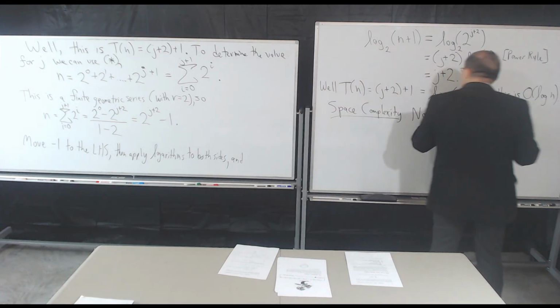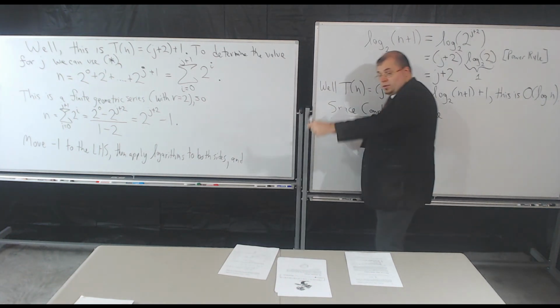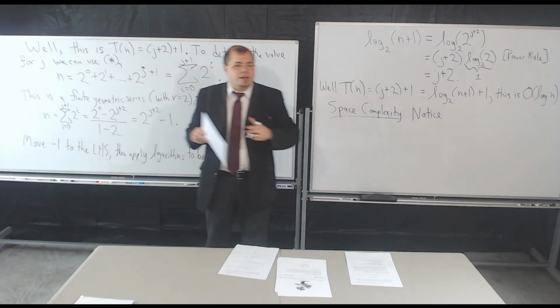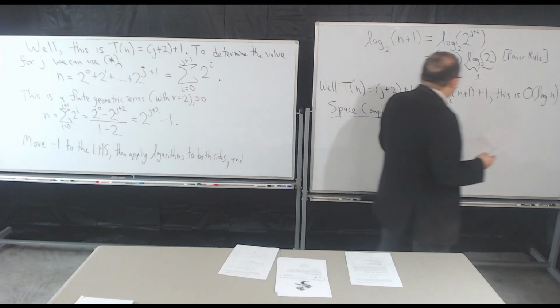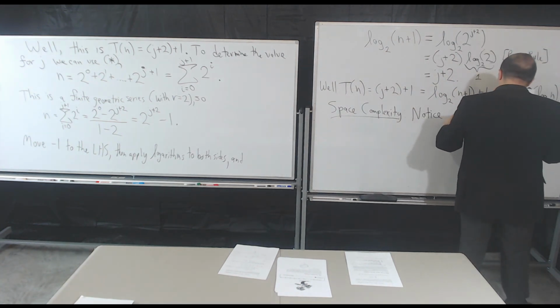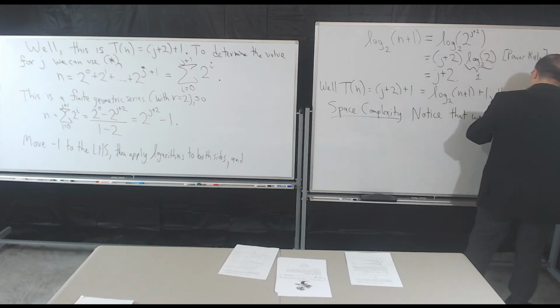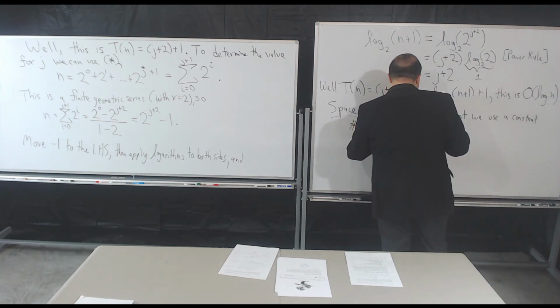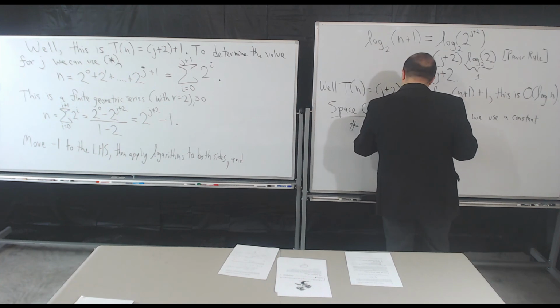And I can assume that the array every time is being referenced. I'm not copying over the entire array every single time. So I'm passing it by reference, like a pointer. So notice that we use a constant number of variables.